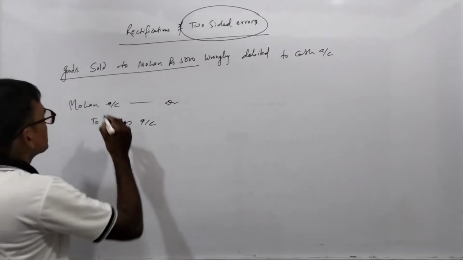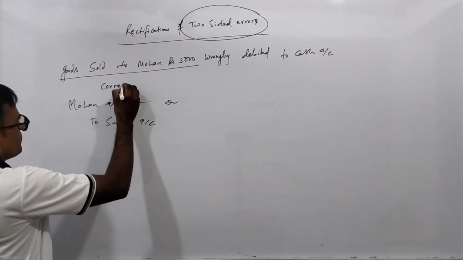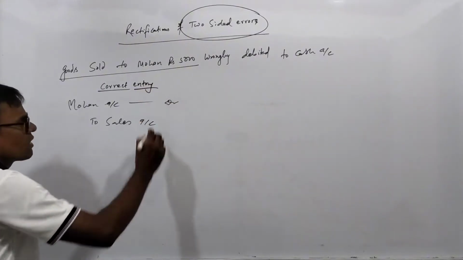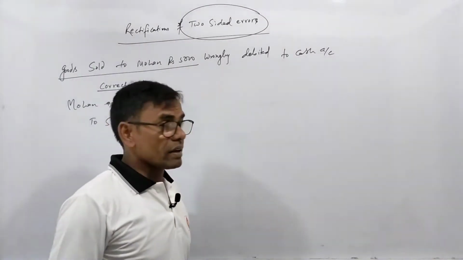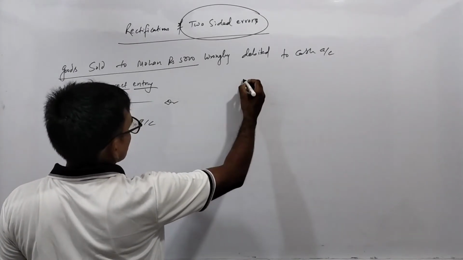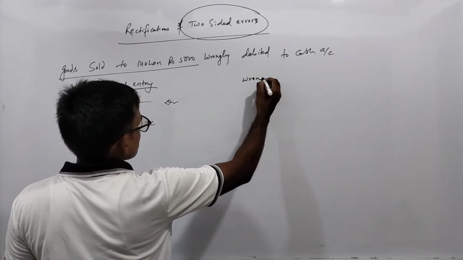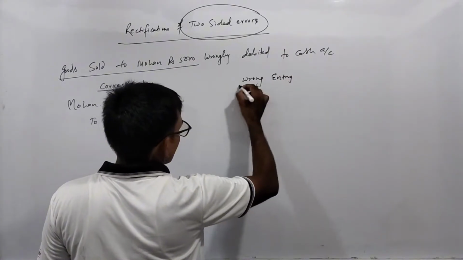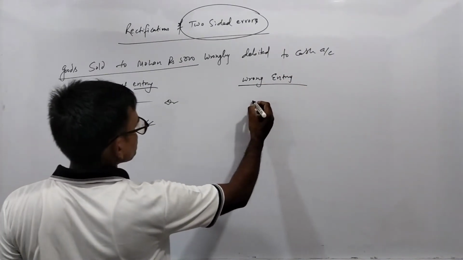It is the correct entry. If he has passed such a journal entry, there is no mistake. But he has wrongly debited cash account. He has passed a wrong journal entry, and that wrong entry is like this.